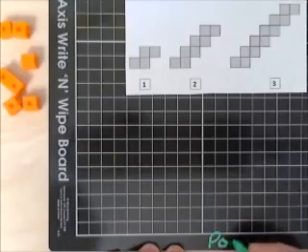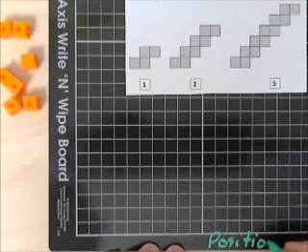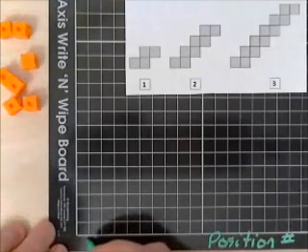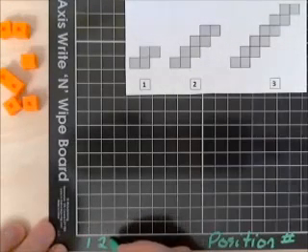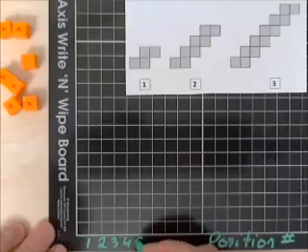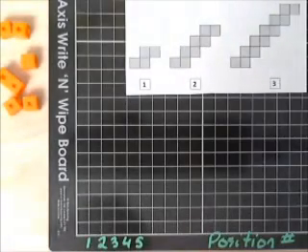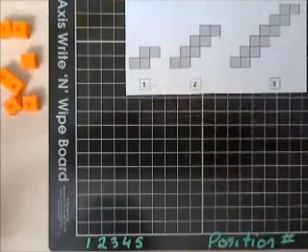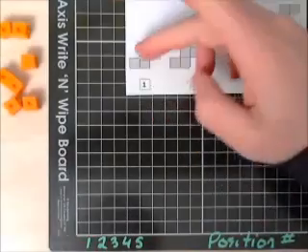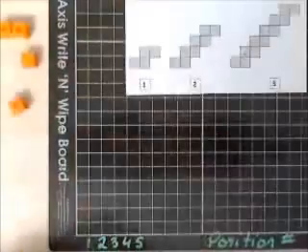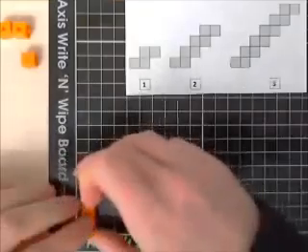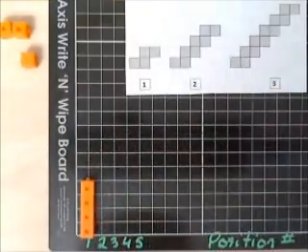So let's start by putting position number down here at the bottom of our next grid, and again position number 1, 2, 3, 4, and 5. And of course up the side is going to be number of tiles. So we've got a number right here, number 1. This is position number 1, so it's obvious that in position number 1 we have 4 tiles. So I'm going to put my 4 tiles together, and I'm going to stack them up in position number 1.